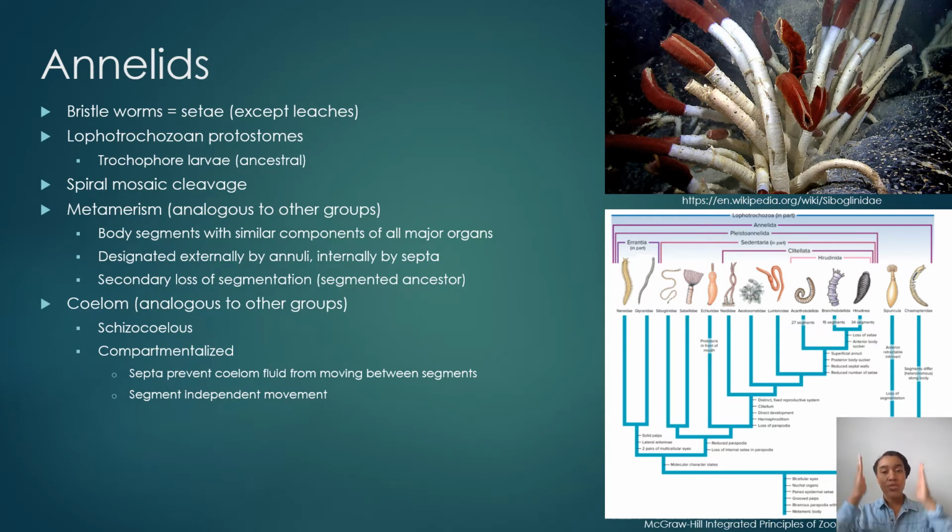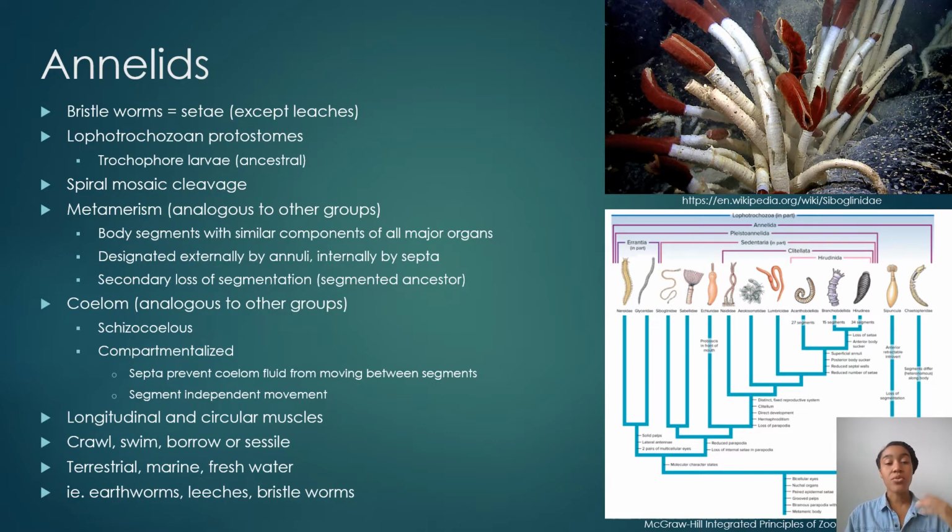And so what I talked about, there's a wall that separates each segment. Well, that wall also keeps the coelom that's present in one segment confined within that segment. And then this allows for each segment of the organism to move independently because it has its own coelom, its own hydrostatic pressure. So each segment can move independent of the other segments.